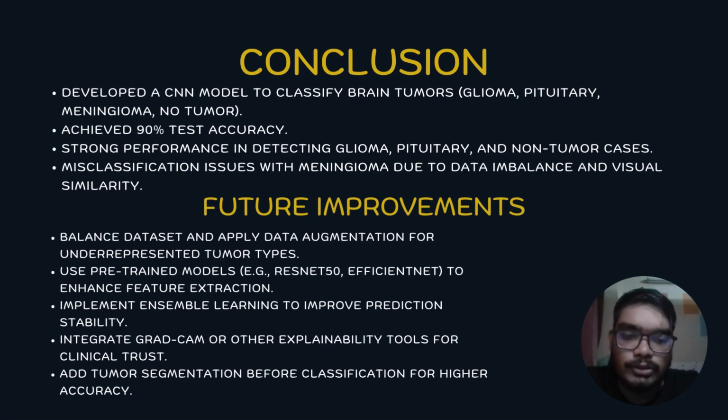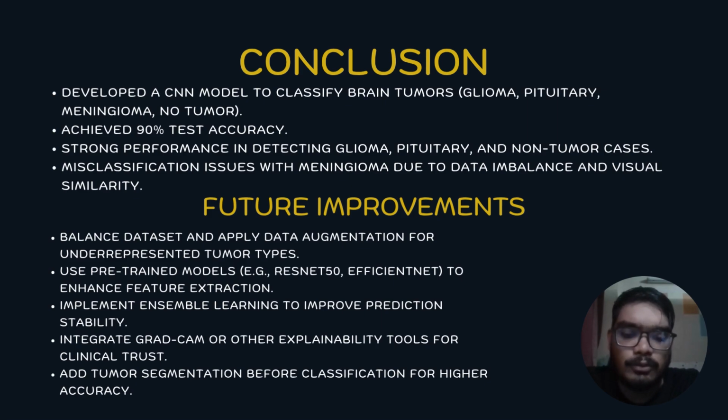So, in conclusion, we developed a CNN model that classifies brain tumors into four types and achieves 90% test accuracy. It performed well for glioma, pituitary, and no tumor classes, but struggled a little with meningioma due to class imbalance and visual similarities.